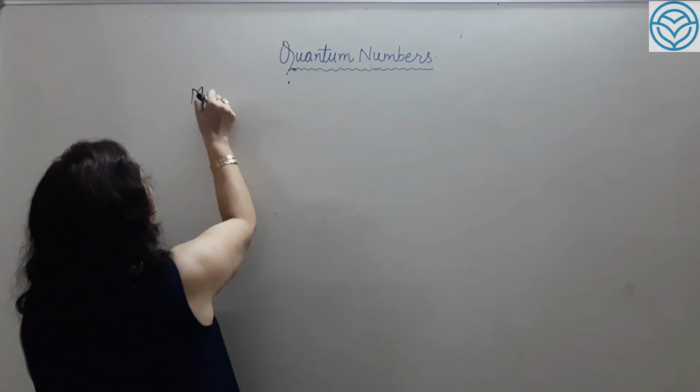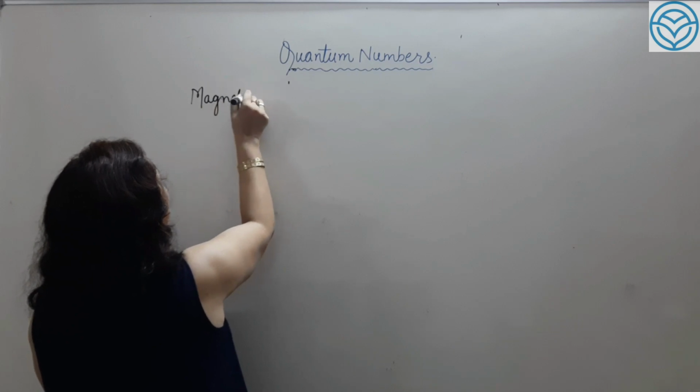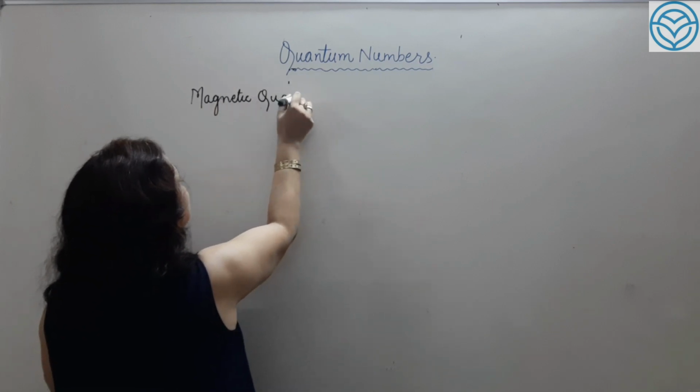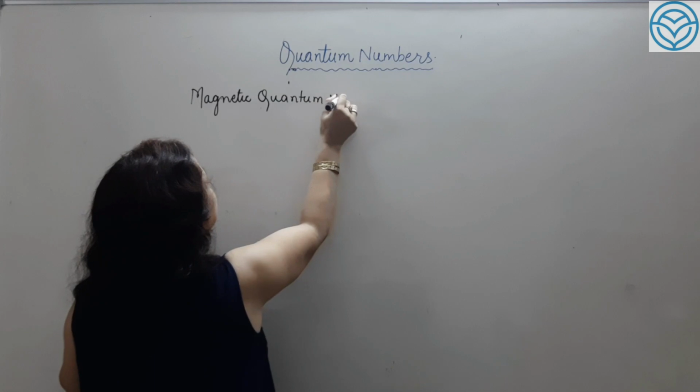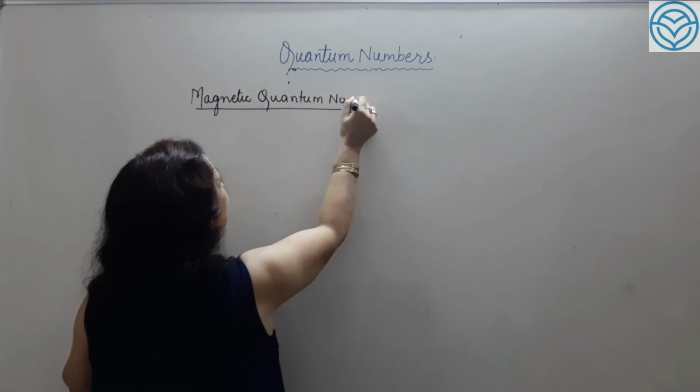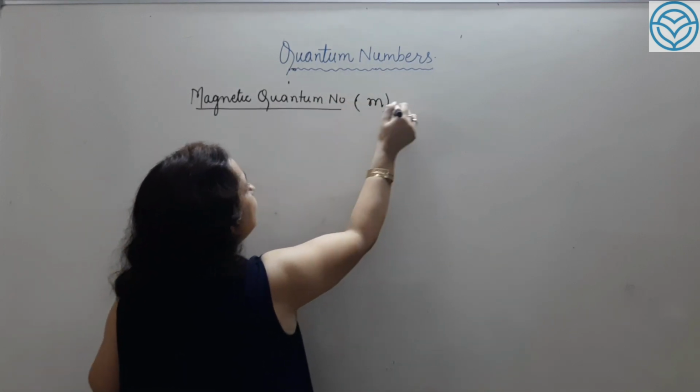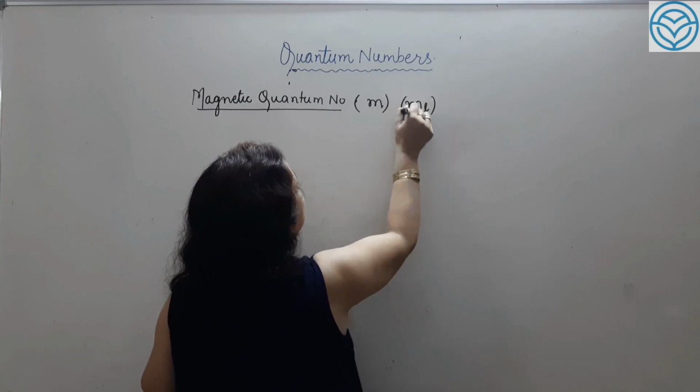So when I say magnetic quantum number, this quantum number is going to tell us about the number of orientations, symbol M or ML.